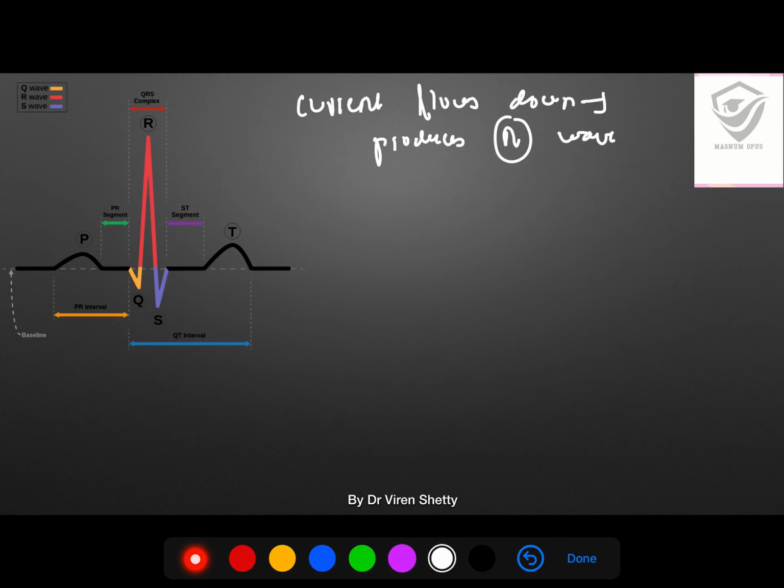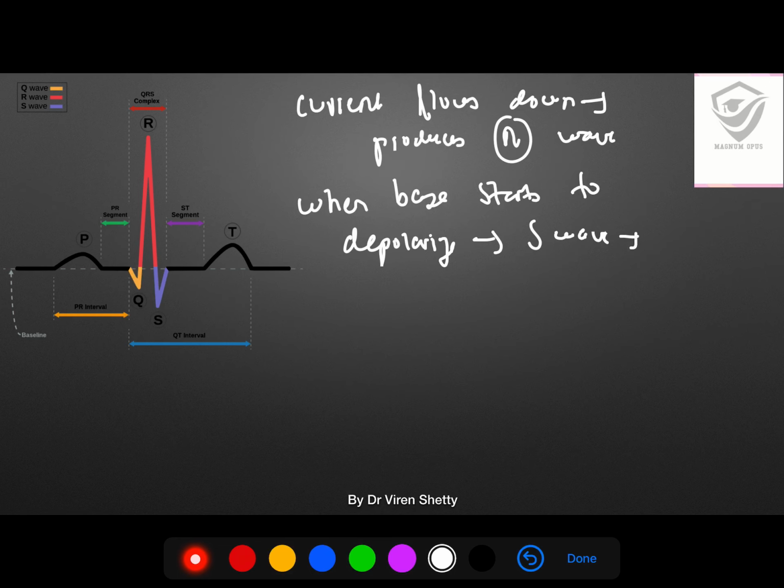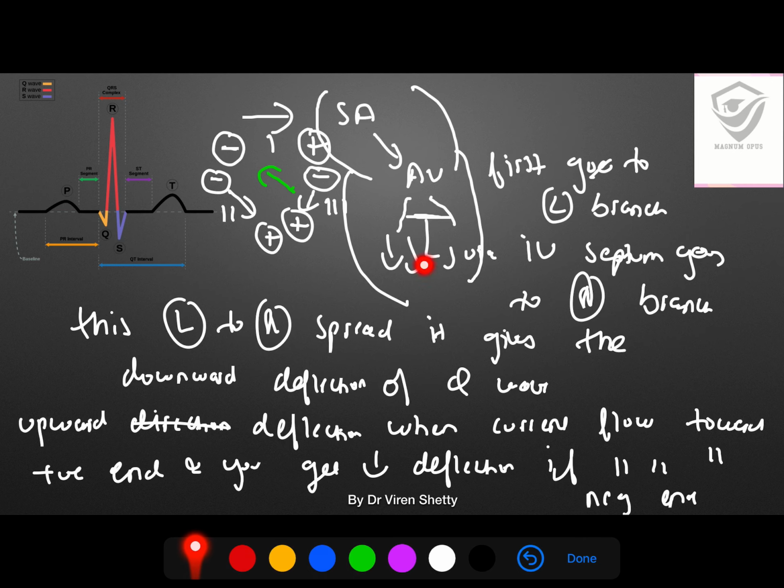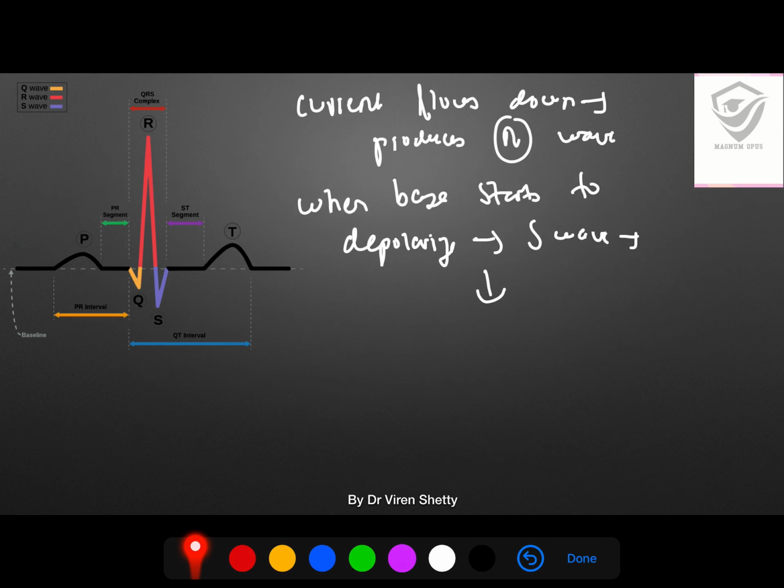So when the base starts to depolarize, you get the S wave, with a downward deflection. Why? Because when the base is being depolarized, it is depolarized in this direction, and this direction is towards the negative. So that is why S is a downward deflection. If you understand, good. If you don't understand, very good. Go ahead. I don't think an MCQ will ask from this. I'm covering it just to get your base rate.